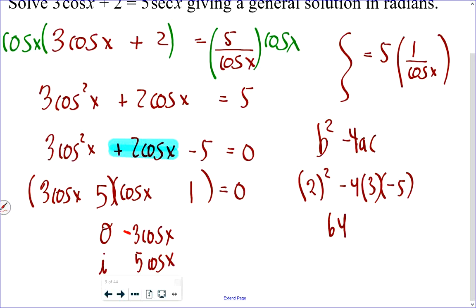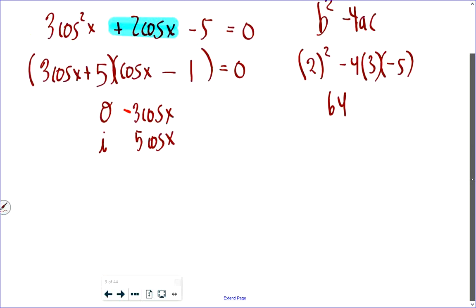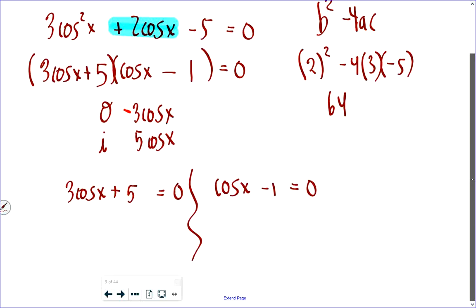Oh, from the 1 and the 3 cos x, which means the 1 is negative and the 5 is positive. That means that 3 cos x plus 5 equals 0. And cos x minus 1 equals 0.